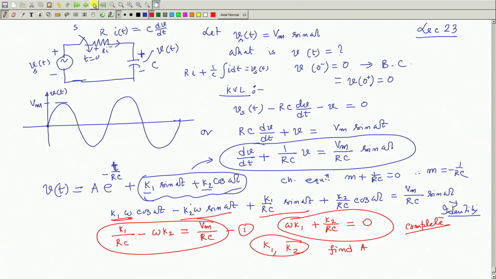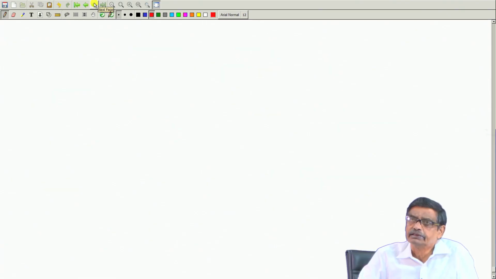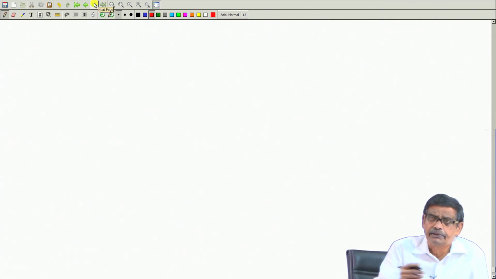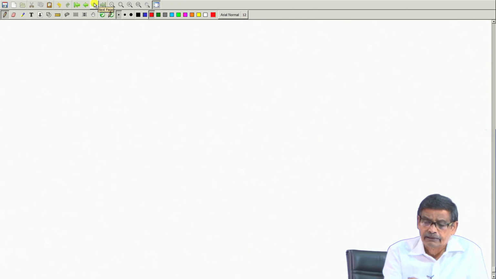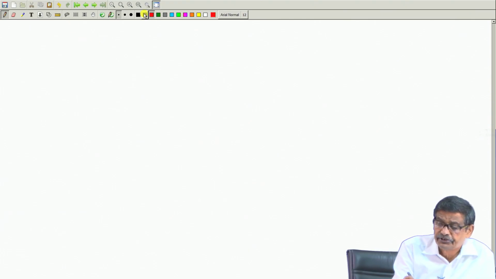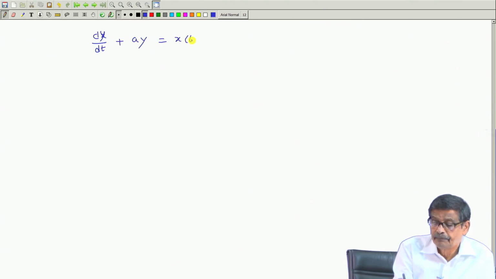Now, what I will be doing? So, any circuit I can write like this and solve for the transient if it is sinusoidal. Any differential equation, it will be after all a differential equation. Suppose you have a differential equation like this, dy/dt plus A y is equal to x(t).